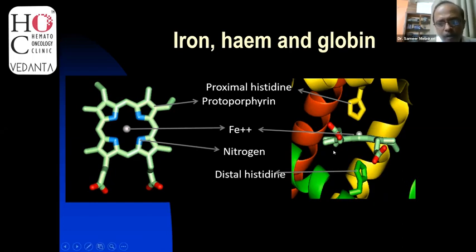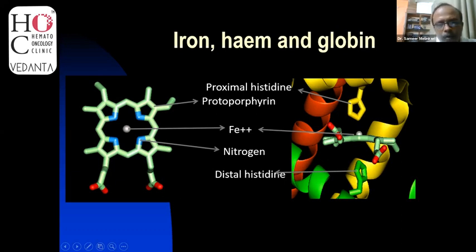And what maintains the iron in the oxygenated form without getting oxidized is related to the net charge that certain molecules around the heme pocket provide. There is this distal histidine, which is very important.